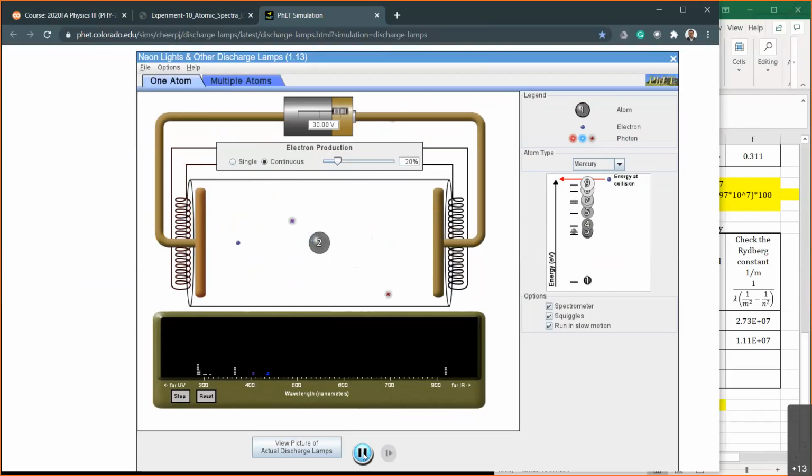If you do a multi-atom system, colors will appear very quickly, but then we can't really see them. Oh, that is the other one. It looks like green, right? Light green.